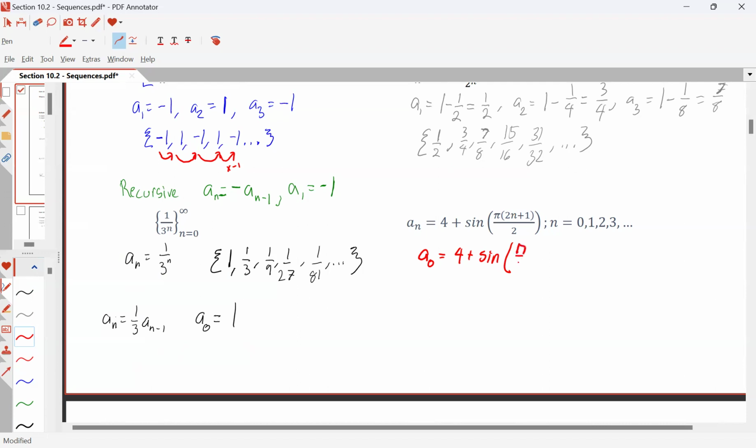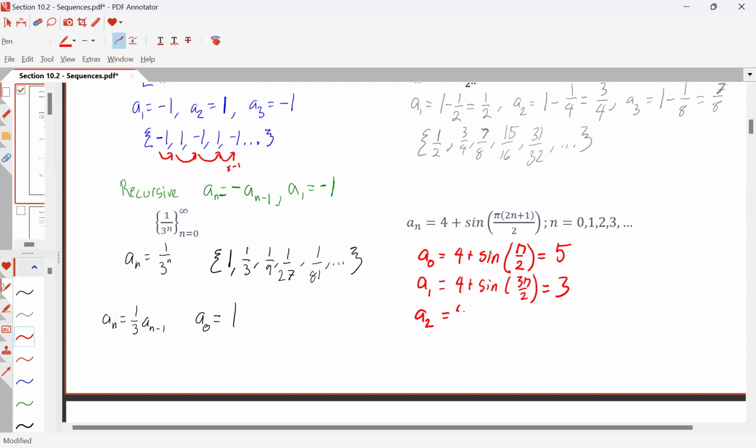We have sine of pi/2. Sine of pi/2 is a positive 1, so this comes out to be 5. When n equals 1, we'd have 4 plus sine of 3 pi/2. Sine of 3 pi/2 is negative 1, so this works out to be 3.